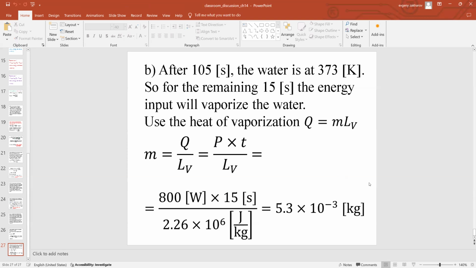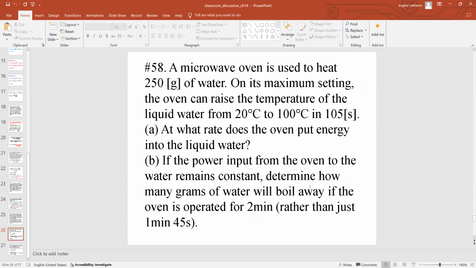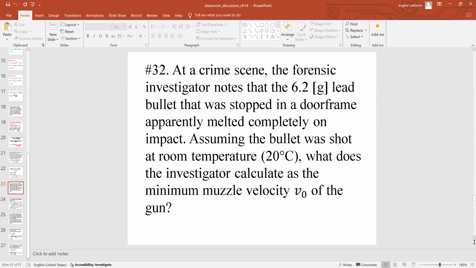Oh, and that is it for the problem solving. So you can see all the phase change problems. I really want you to focus on those. Go over those on your own. Do the math with calculators. Make sure you get the same numbers. And you will see something like that on the test.